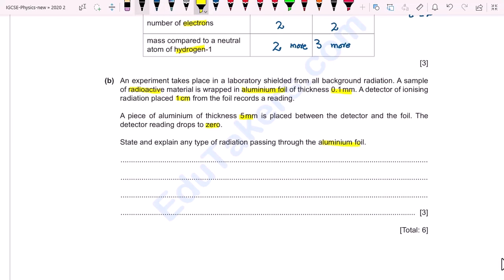First of all, we have to know how many types of radiation there are. We know that there are basically 3 types of radiation: alpha radiation, beta radiation and gamma radiation.